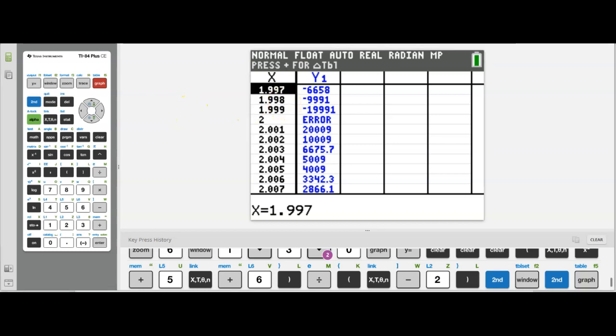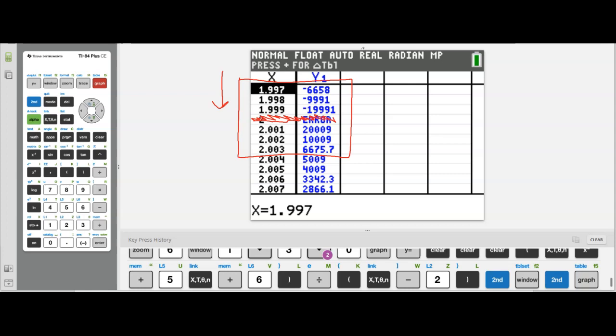and something different seems to be occurring here. So I'm just going to block off 3 x values on either side. We know that there's an error when we get to 2, but we knew that the function was discontinuous there, and that doesn't really matter. As we get closer to 2 from the left, our numbers go from negative 6,600 to negative 9,900 to almost negative 20,000.